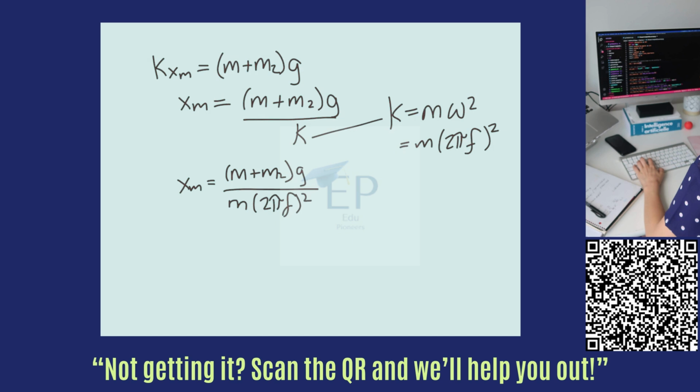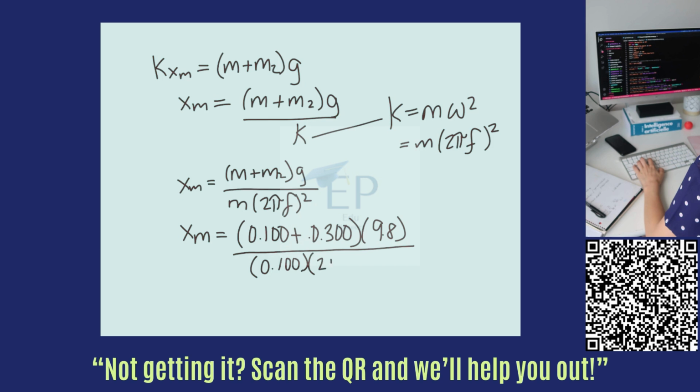And now we can start substituting in our values. So we have xm equals our first mass, which we just found out was 0.1 kilograms, plus the additional 300 grams, or 0.3 kilograms, times 9.8, divided by our original mass, 0.100 kilograms, times 2 pi, and our original frequency was 2.23 hertz, and that's going to be squared.